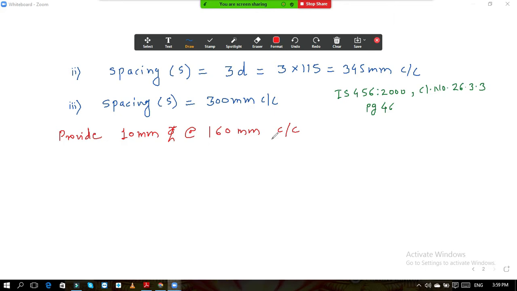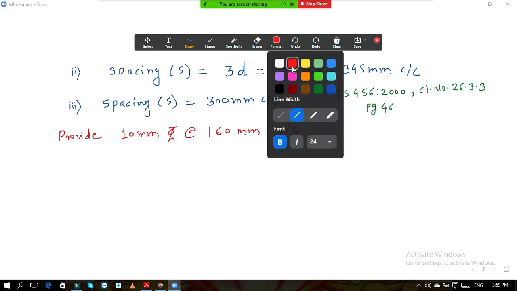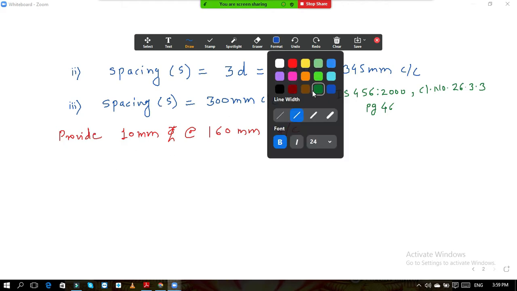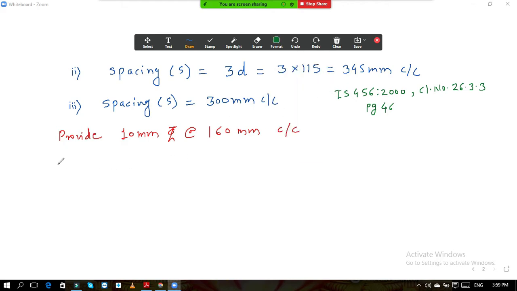So now after this main reinforcement, the main steel, we will design the distribution steel. Distribution steel is nothing but the minimum steel which is required. Distribution steel is also called minimum steel.